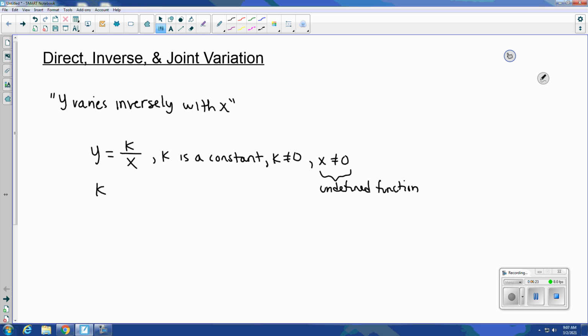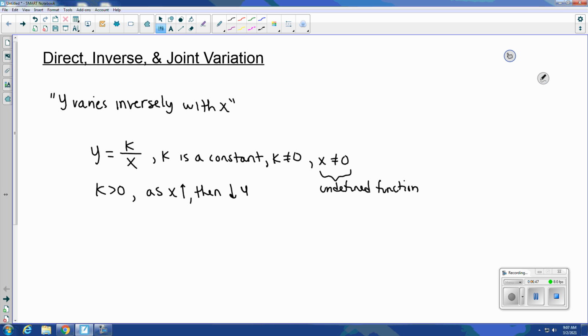In the event that k is greater than 0, then this time when we increase x, the value of y decreases. So what you'll see is you'll have some constant value k, and imagine the denominator keeps getting larger and larger and larger. The overall value gets smaller and smaller and smaller of that ratio, and that ratio equals y.